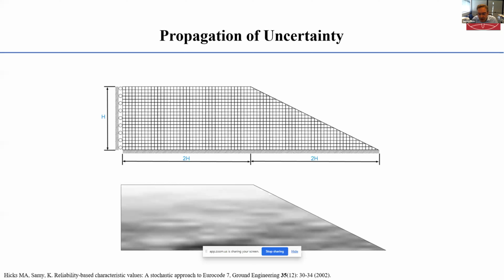Now, for this particular slope, the mean undrained shear strength increases linearly with depth, but superimposed on top of that is a spatial variability characterized by a standard deviation of undrained shear strength and by a scalar fluctuation or correlation distance in the horizontal direction and a different scalar fluctuation or correlation distance in the vertical direction.